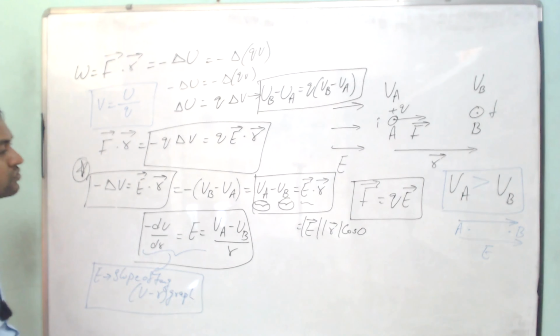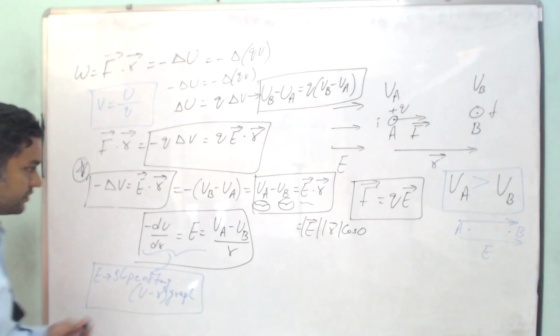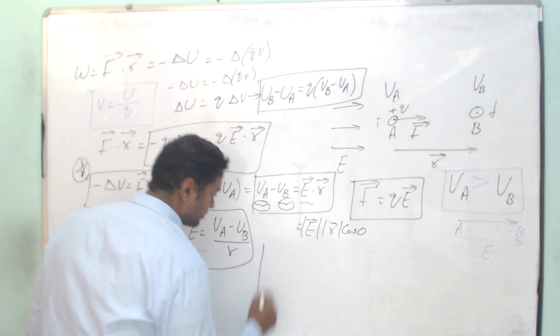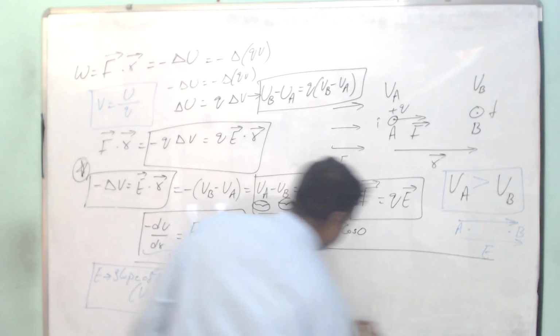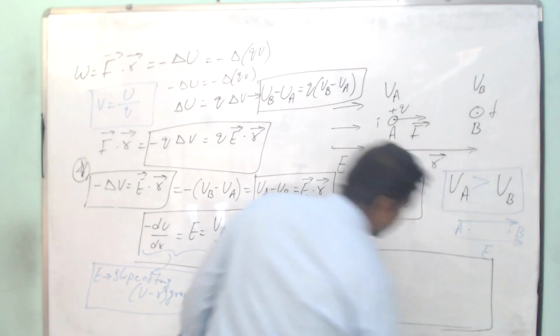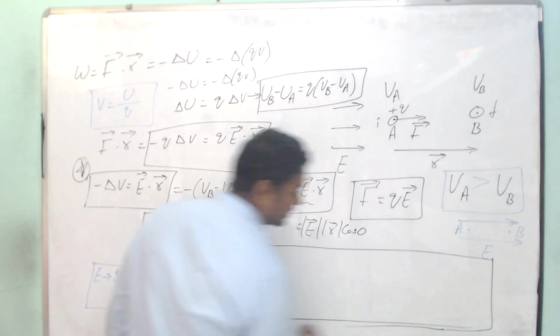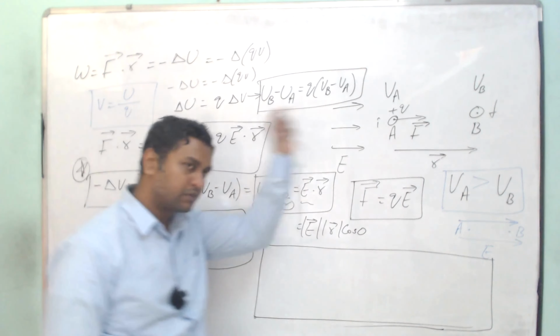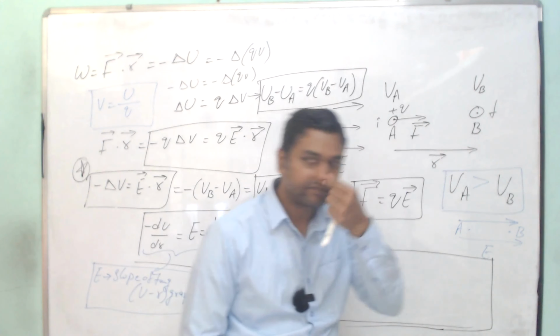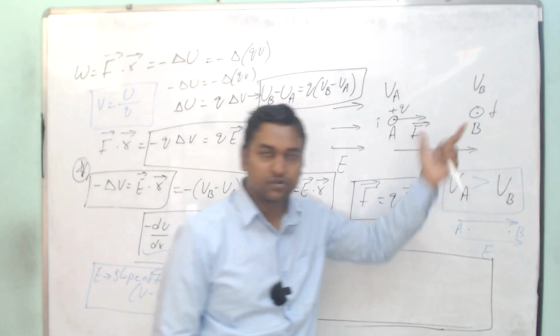So if I have to get a generalized perspective, there are a lot of things written on the board right now. If I want to write a generalized perspective of the majority of things that I use, the story is simple. Electric field, put a charge, it will run away. That's the only story.